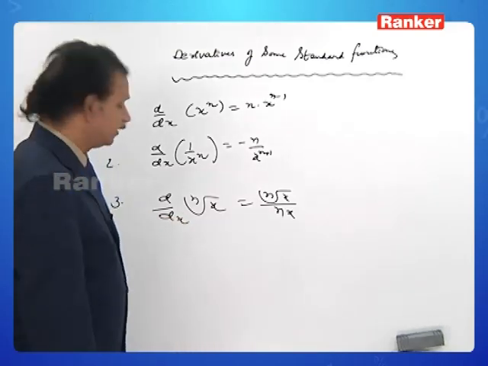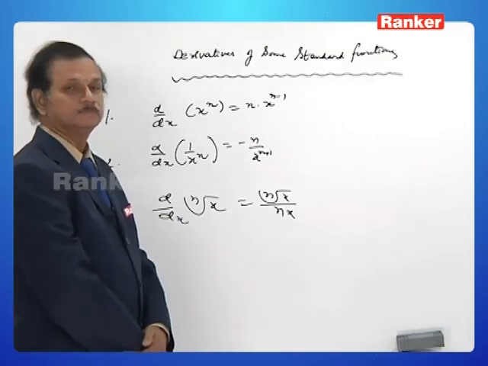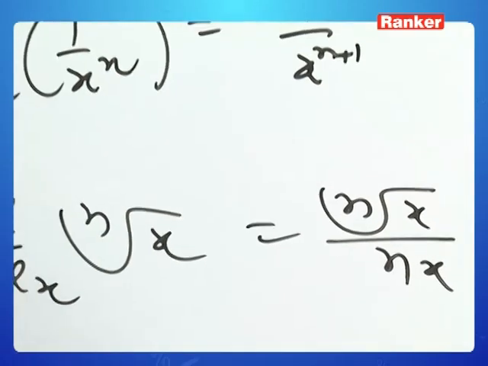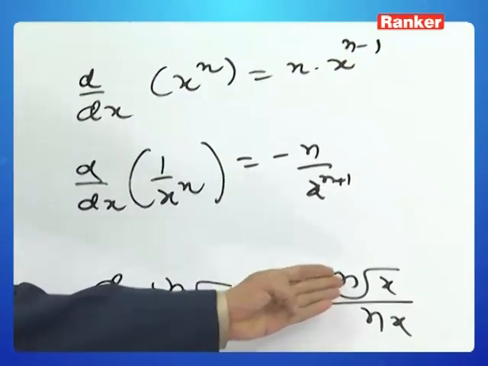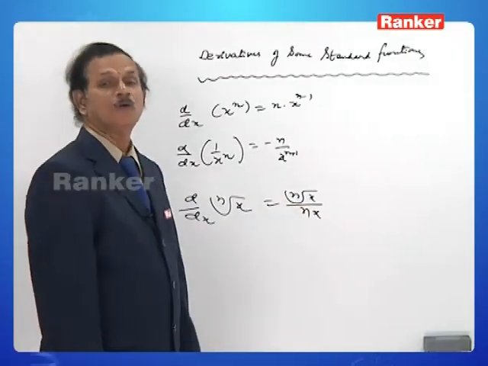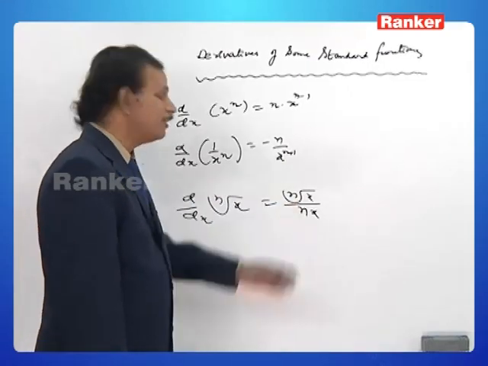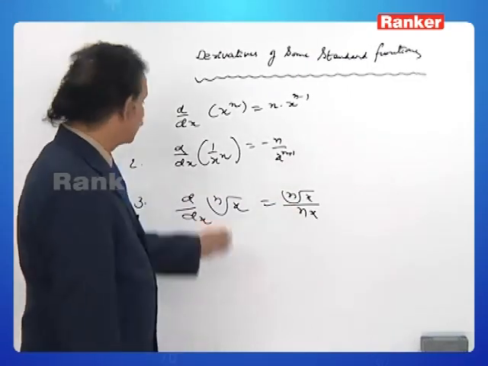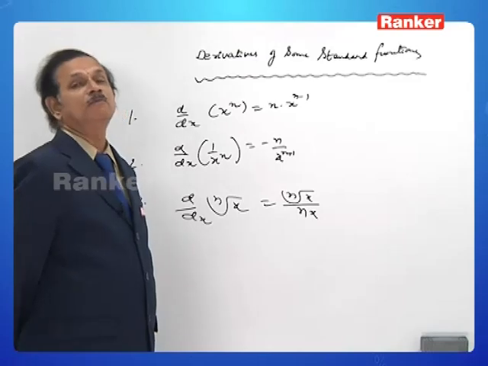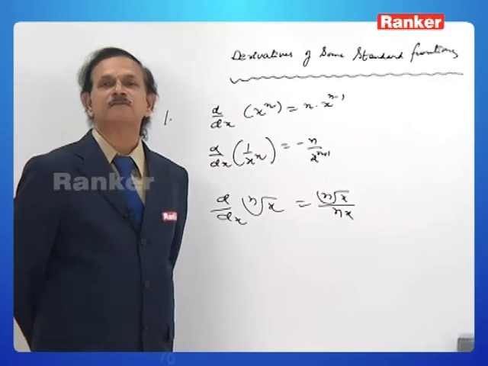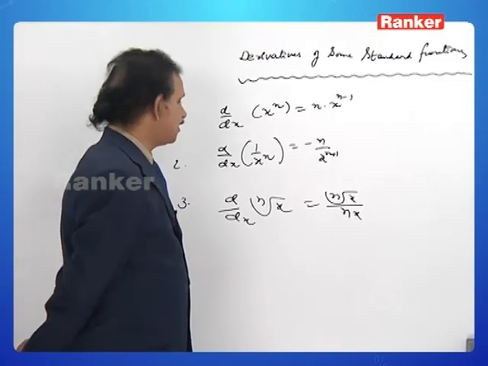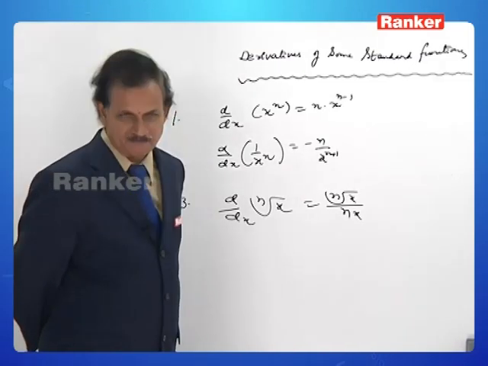By noting it, derivative of root x is root x by 2x, that is 1 by 2 root x. Cube root of x by 3x, fourth root of x by 4x, fifth root of x by 5x.